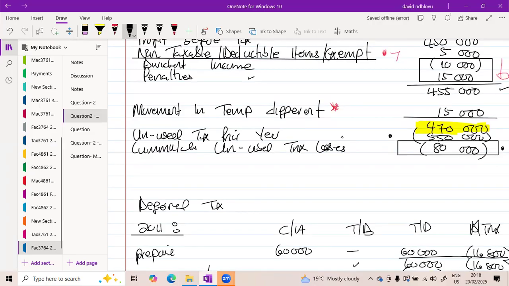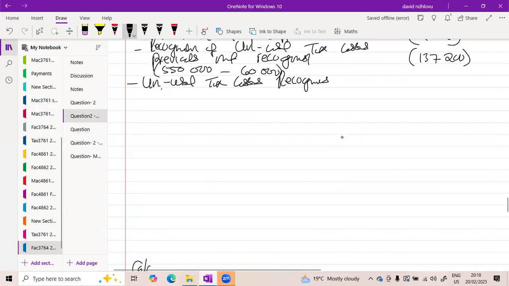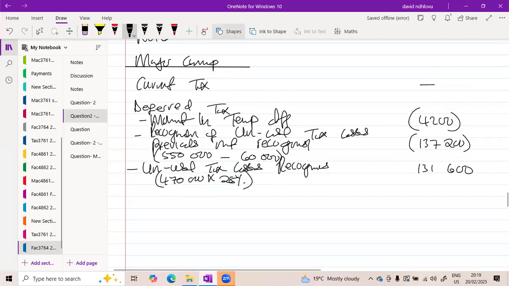We have reduced it by what? 470. So which means we have recognized those tax losses. So therefore, you're going to say 470,000 multiplied by 28%. That is going to give you 131,600, and it's going to be a positive amount. And then you are done calculating there.